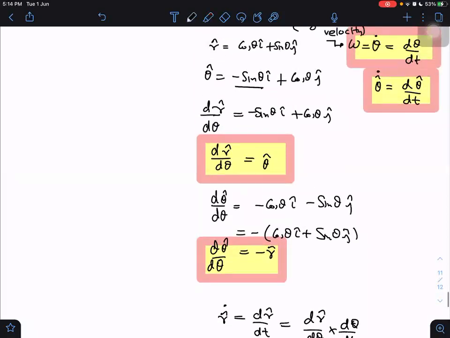Similarly, what is this term here? Theta cap dot I can write as d theta cap by d theta into d theta by dt. You understood that or not? Divide by d theta, multiply by d theta, then it is the same thing. What is the rate of change of theta cap with respect to theta? It is minus R cap.